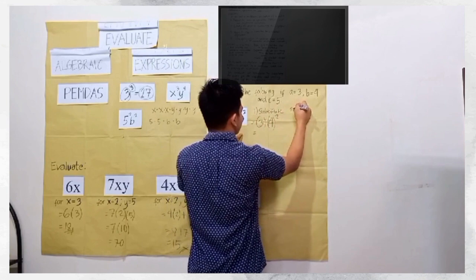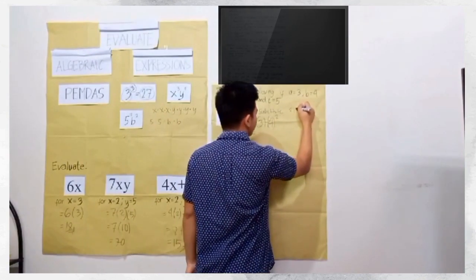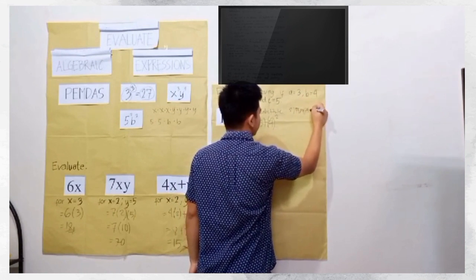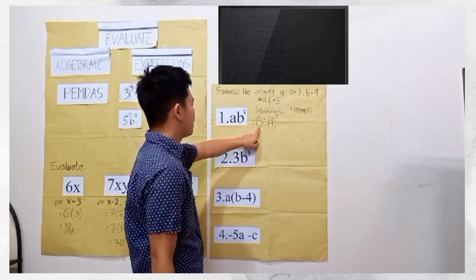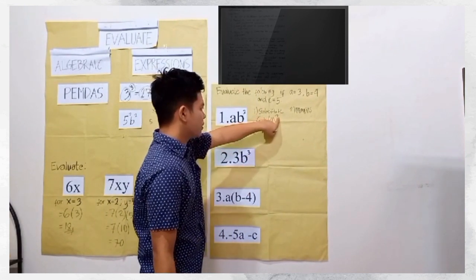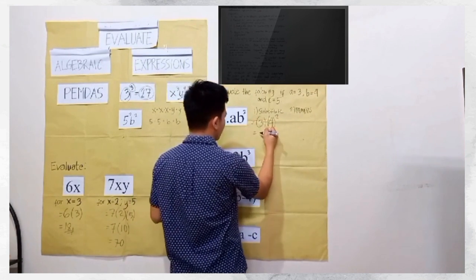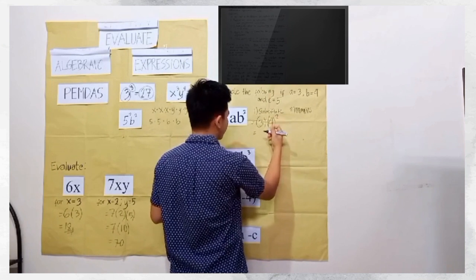So the next step is to follow PEMDAS. Here we have an exponent, so we have an exponent 2. So we have to solve this first.